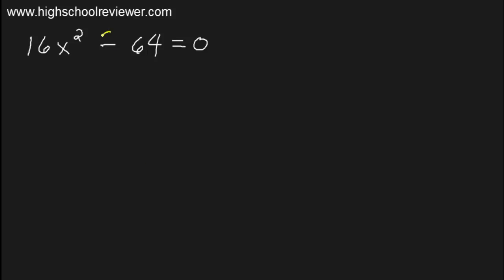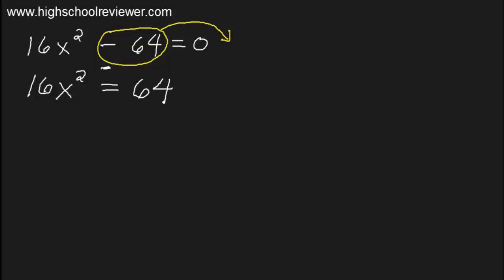So we need to transpose negative 64 to the other side. What will be left on the left side will only be positive 16x squared. If we transpose negative 64, it will change sign, from negative to positive 64.